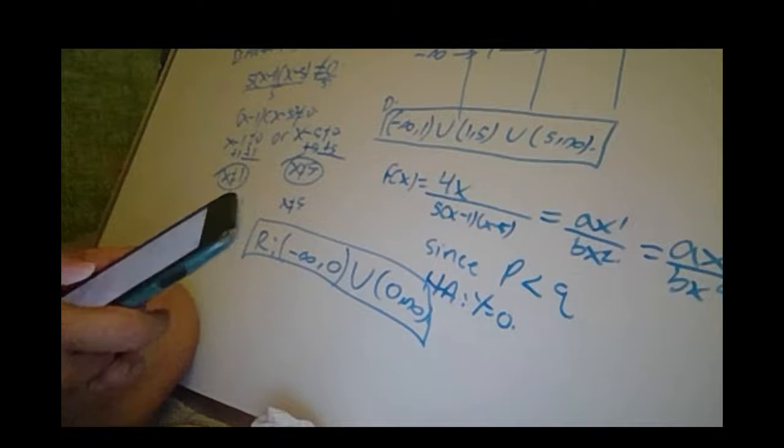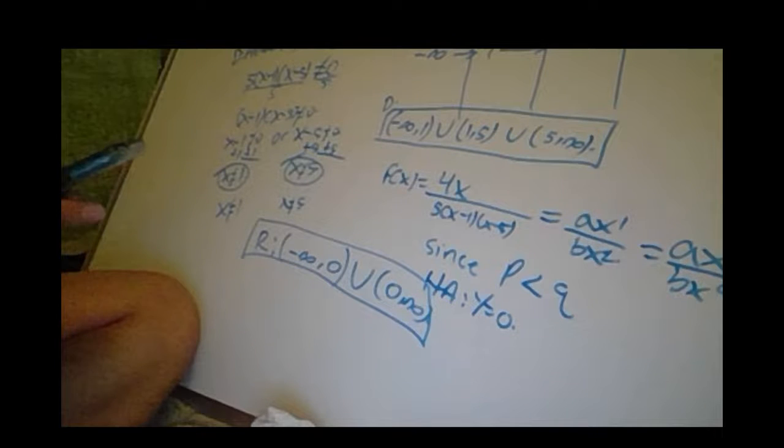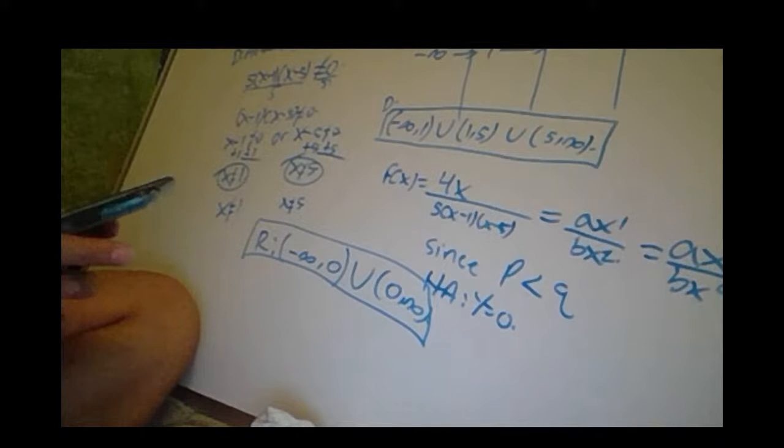We have 4x over 5 times x minus 1 times x minus 5.